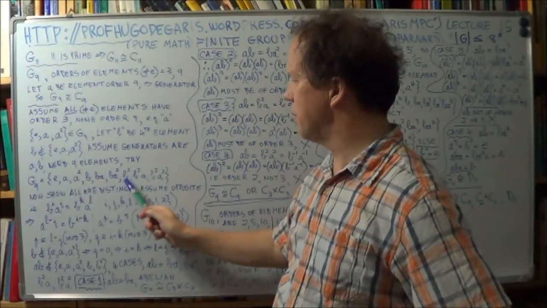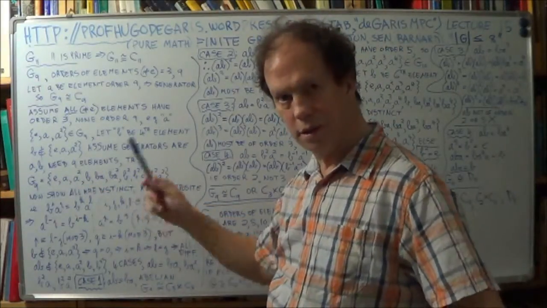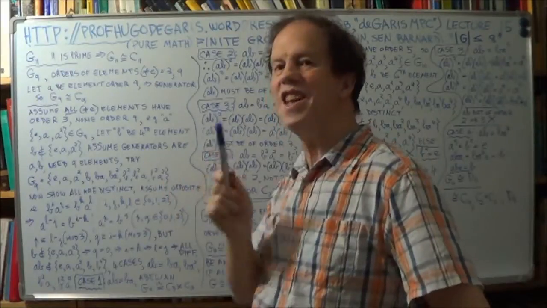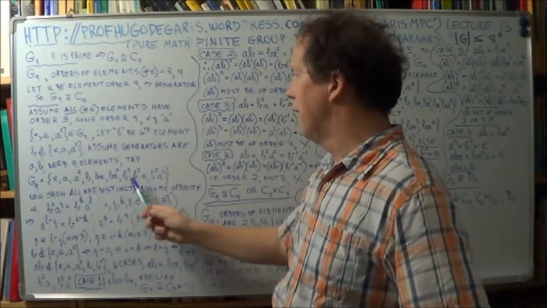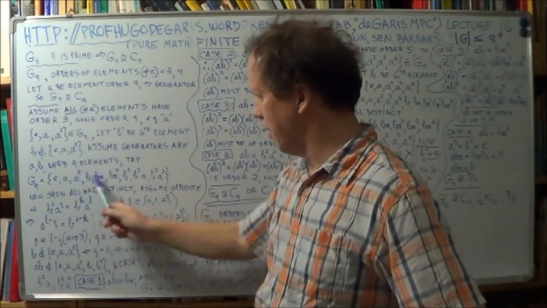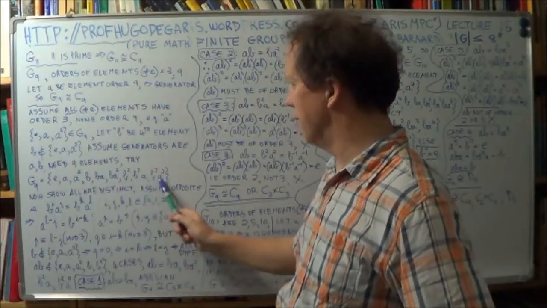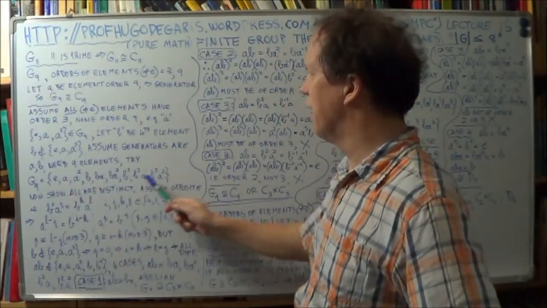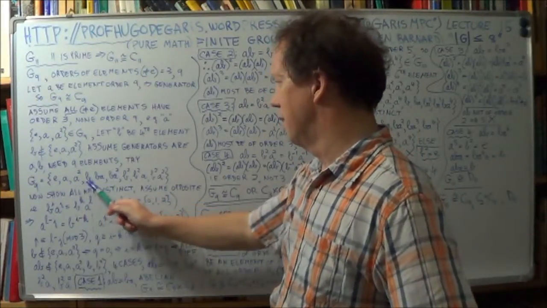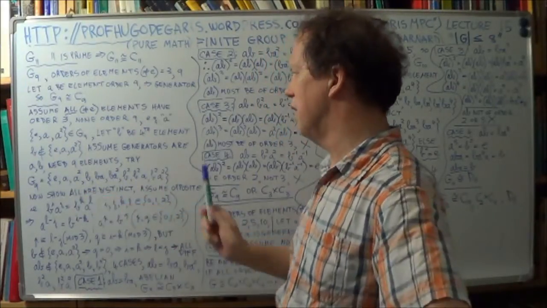So instead of B squared being one of the others, let it be distinct, just on its own. I mean, it is its own element, B squared. And if that's a member of the group, you'll have B squared A squared, and so on. So here are 9. We've got the A's, the B's, and the B squareds in a sense. So we've got 9 elements.